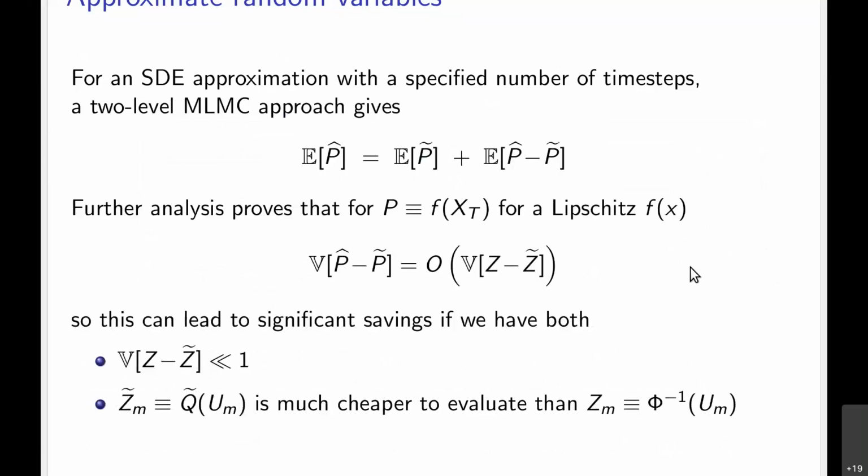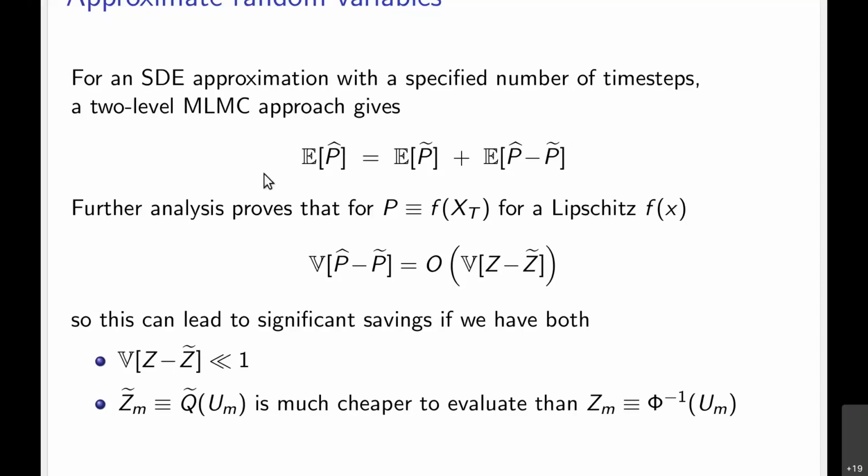Okay, so how do we use that? Well, if we're just doing an SDE approximation with a fixed number of time steps, then this is really an example of the two-level multi-level method. Here, the hat quantity corresponds to our standard Euler-Maruyama approximation using the correct normal random variables. Our p tilde corresponds to using the approximate random variables.